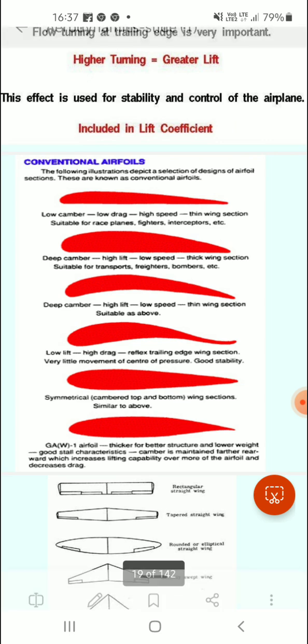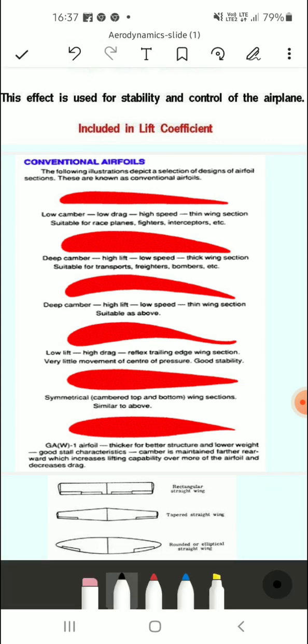What is that? This is mainly the force which is working in that direction. Lower drag means the drag force is low and the speed is high. So this is the main thing of the airfoil.